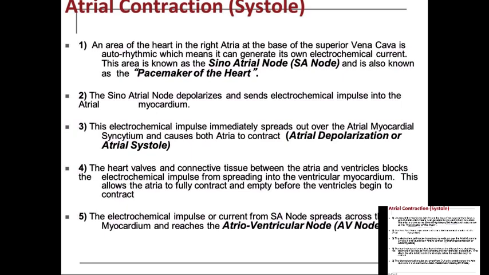And when the atriums contract, it's going to create that little bit of a P wave, and it's certainly not as intense as the QRS wave, because gravity alone is going to help take some of that blood from the atrium into the ventricle. So that's why when you look at the P, Q, R, S, T wave, this P wave here is not as intense as the Q, R, S wave.